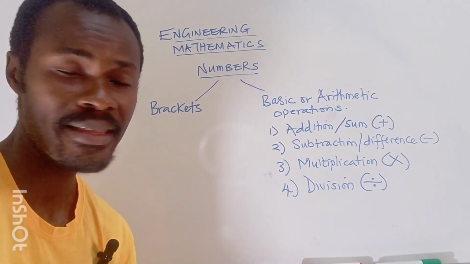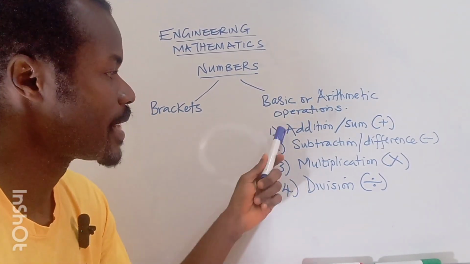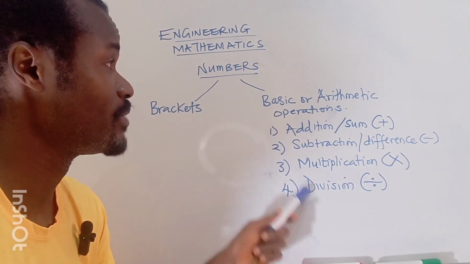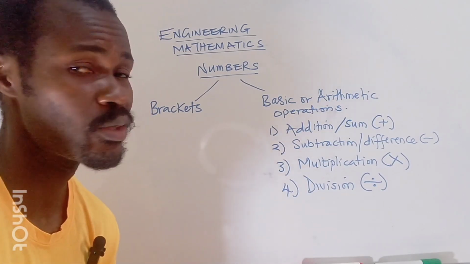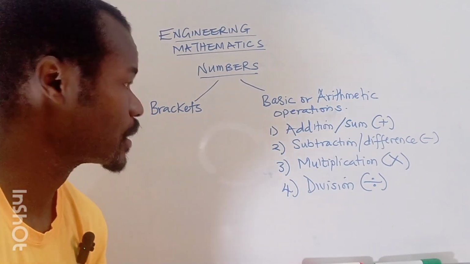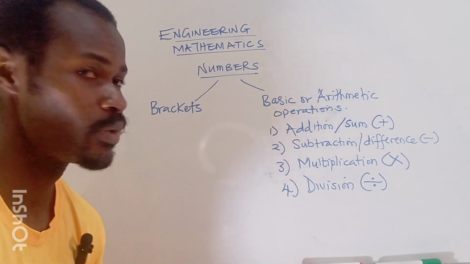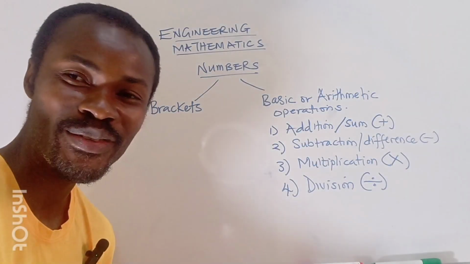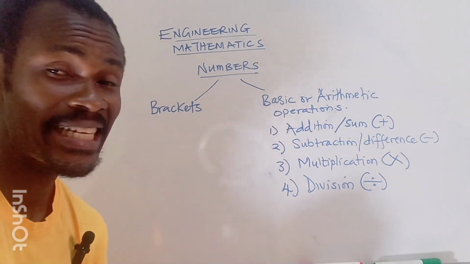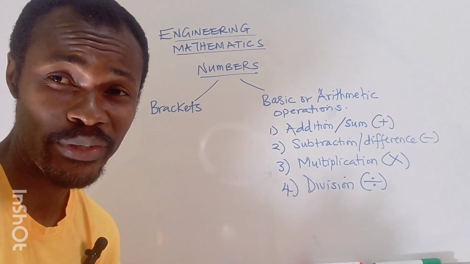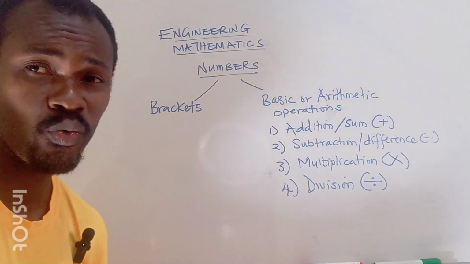Okay, now in mathematics, you must be very, very good at using addition, subtraction, multiplication, and division with respect to numbers. And while you're doing that, you also have to know how to use the brackets. Now let's talk about some of the uses of the bracket. The first use is that brackets are used around negative numbers to separate them. What do I mean by that?